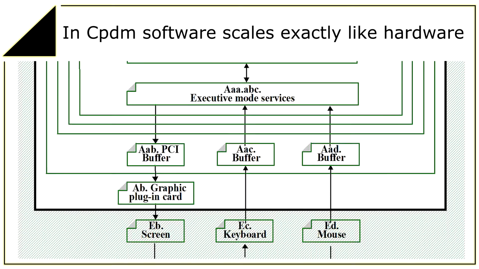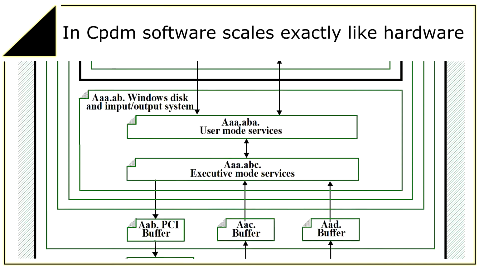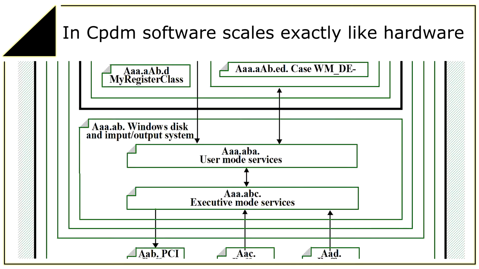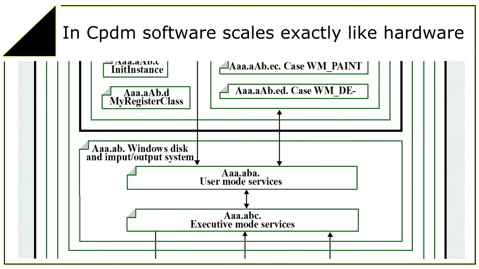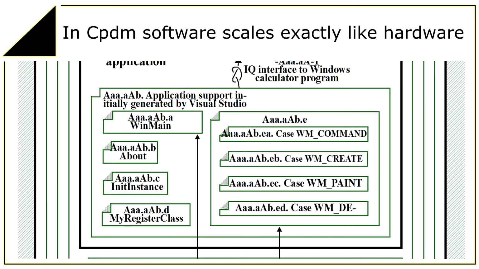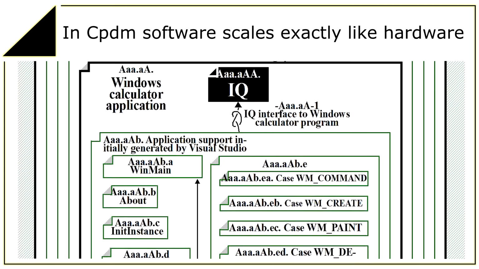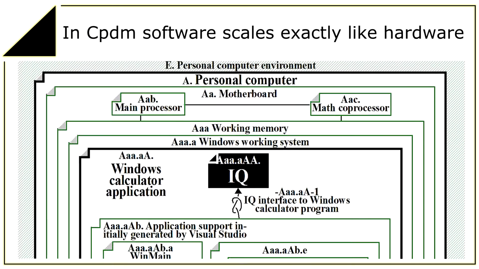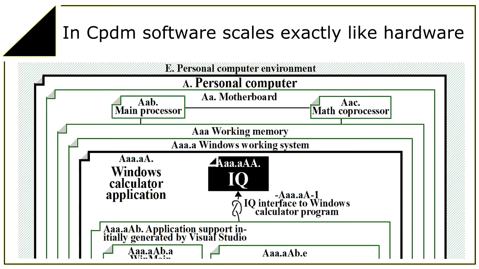The user activities are taken care of by different parts of the Windows operating system. The operating system is connected to the application support functions, which were initially generated by Visual Studio. These support functions are in turn connected to the intelligent IQ part of the calculator.